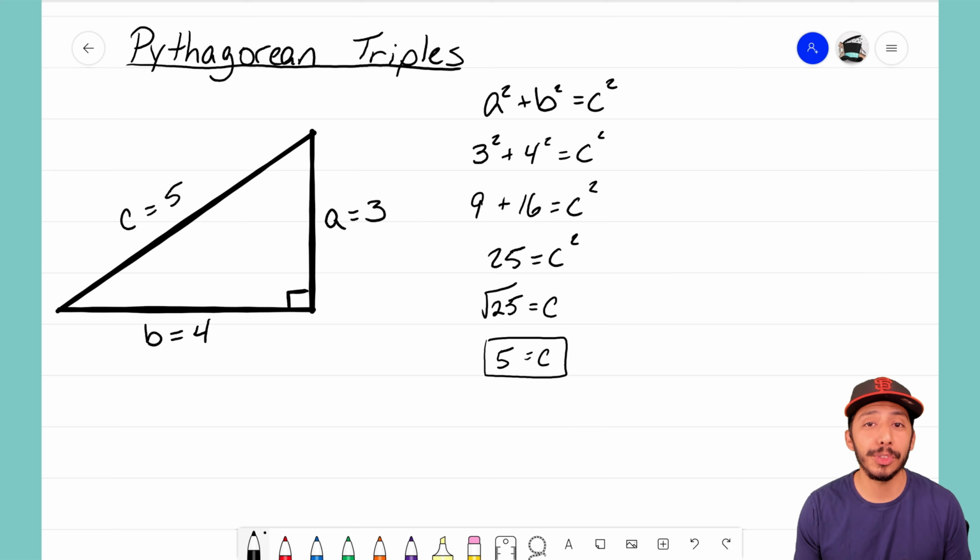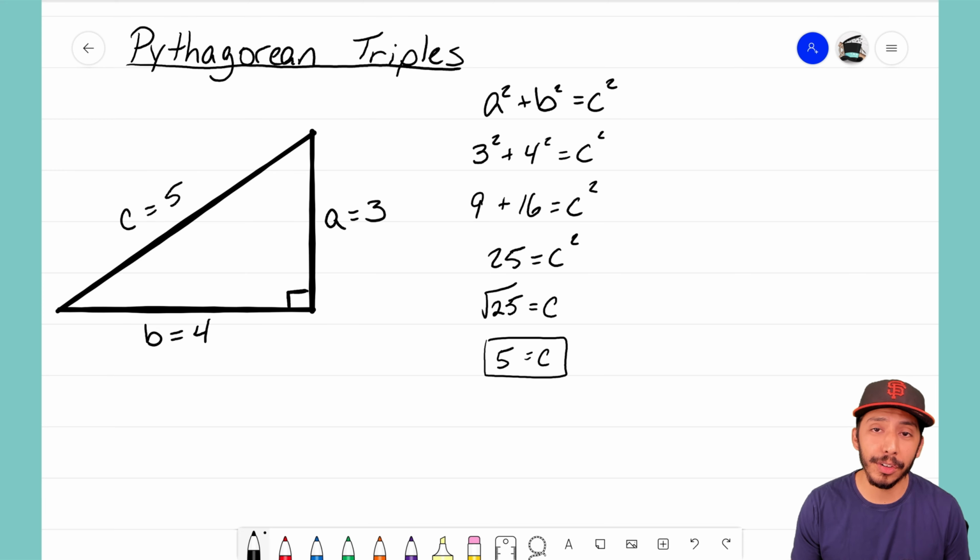What Pythagorean triples are, and the point of this video, is that there are combinations of sides for right triangles where every side is a whole number. And we call those Pythagorean triples. The reason we call them that is because they often come up a lot when we're doing example problems, and they satisfy Pythagorean's theorem.